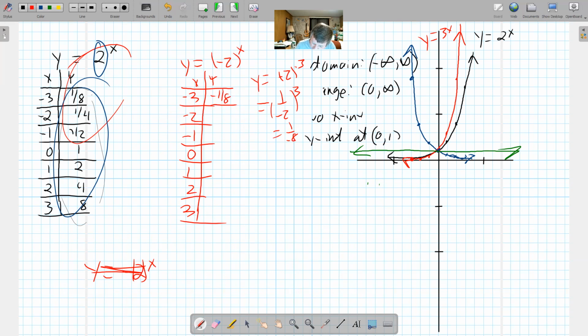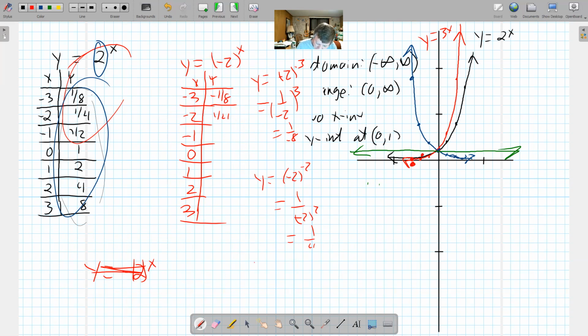Okay, so -3, -1/8. We're down there. If x is -2, y equals -2 to the -2 power, which is 1 over -2 to the +2 power, which is 1 over 4, which is there.